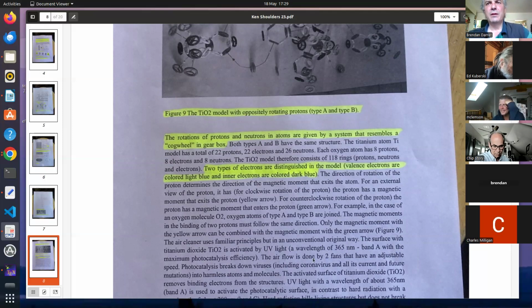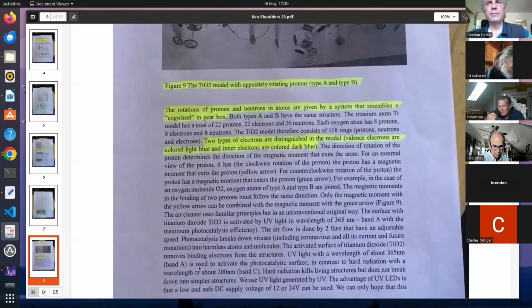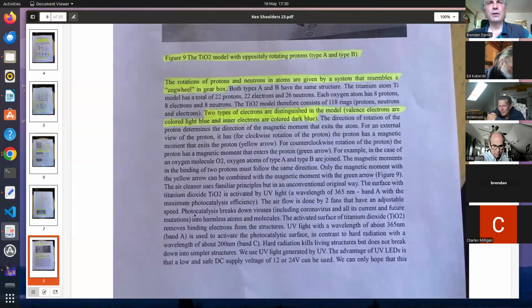The airflow is done by two fans that have an adjustable speed. Photocatalysis breaks down viruses, including coronavirus and all its current and future mutations, into harmless atoms and molecules.